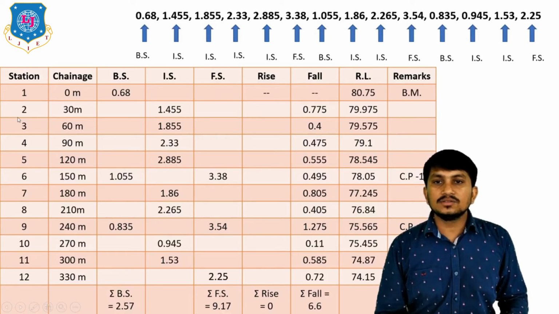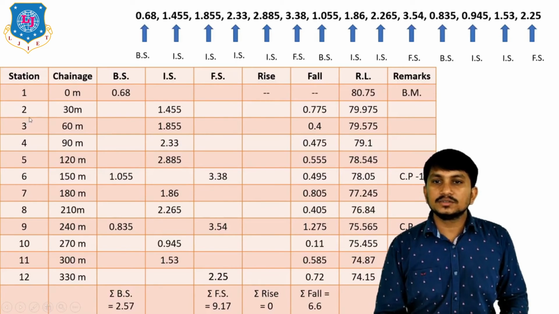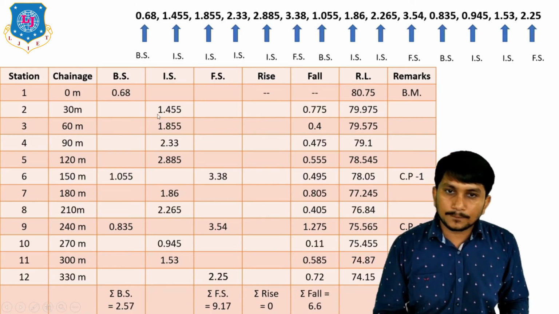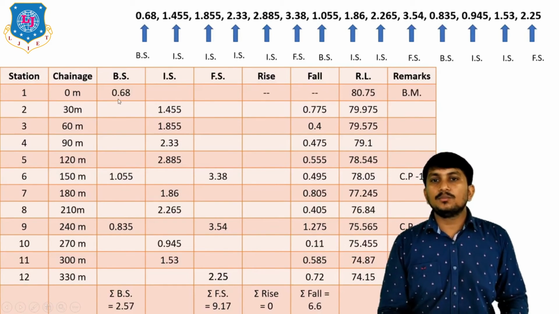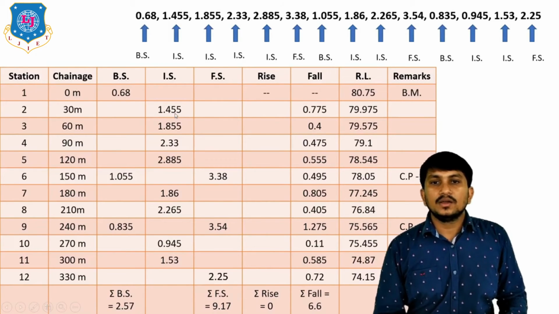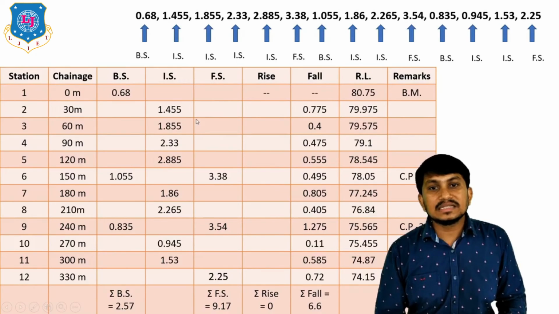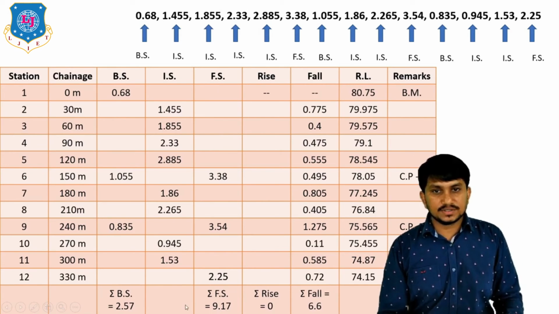To calculate rise or fall of station number 2, we deduct the staff reading of station number 2, which is 1.455, from the immediately preceding staff reading, which is 0.68. So 0.68 minus 1.455 gives a negative value, so it is written in the fall column. This is how we can calculate rise or fall of each station.